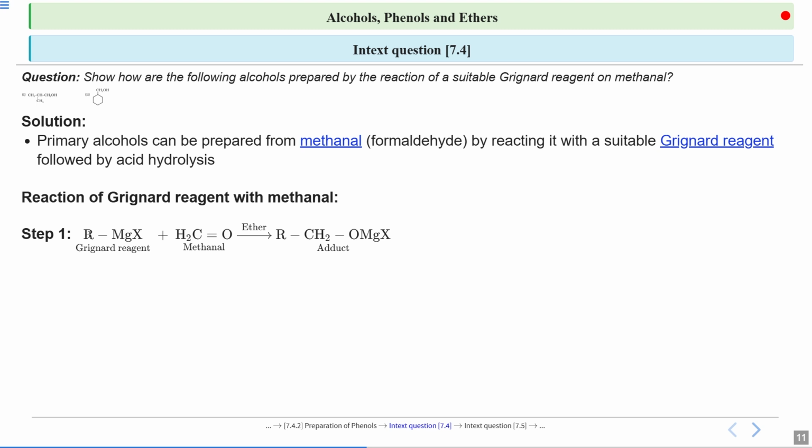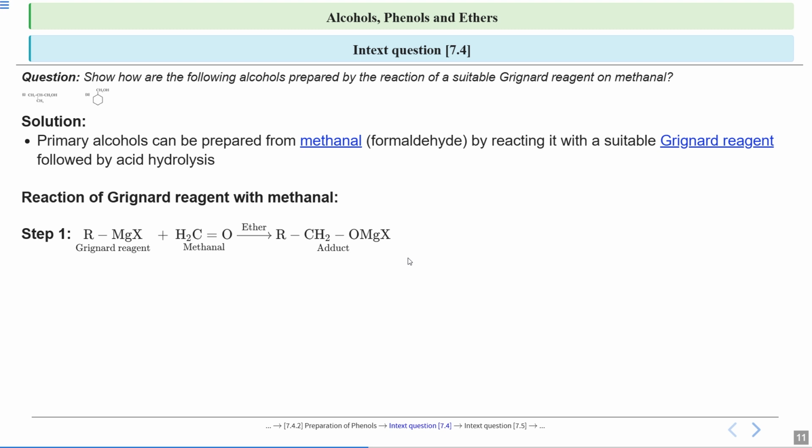So this R will attack on this carbon, which is electron deficient because oxygen has withdrawn the electrons. As you see in this adduct, at this CH2 group, R has attached. So this adduct is formed, that is the addition product of your Grignard reagent and your carbonyl group. This is the intermediate in this step.